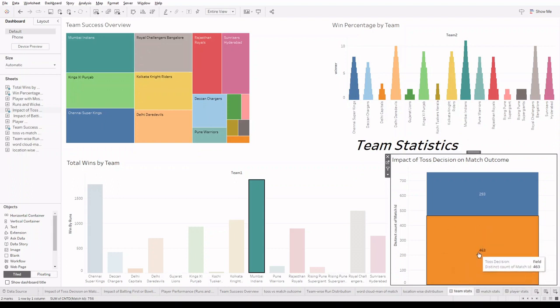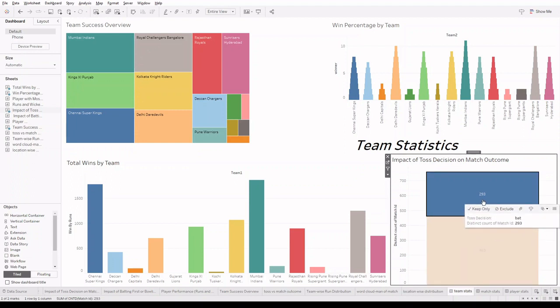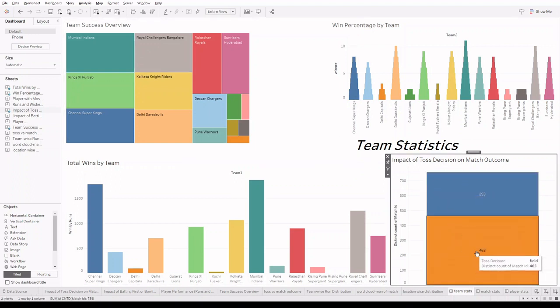Here 463 is the number of times a team chose to bat and won. Here, blue is where a team chose bowling and won. Apparently, the team which chose batting is winning mostly, and the team which chose bowling, the challenging team, is lower than the team which won by choosing batting.